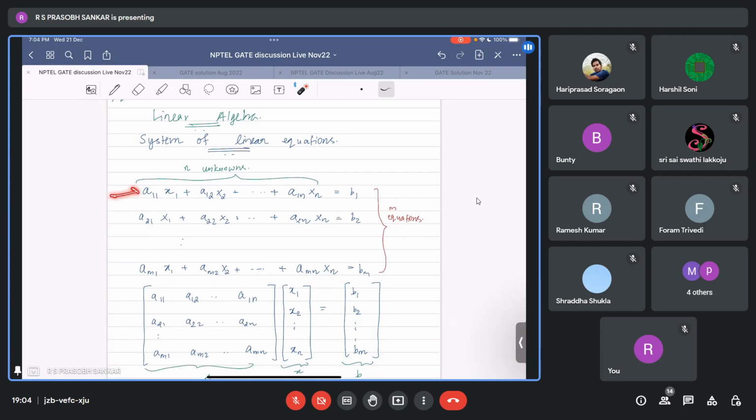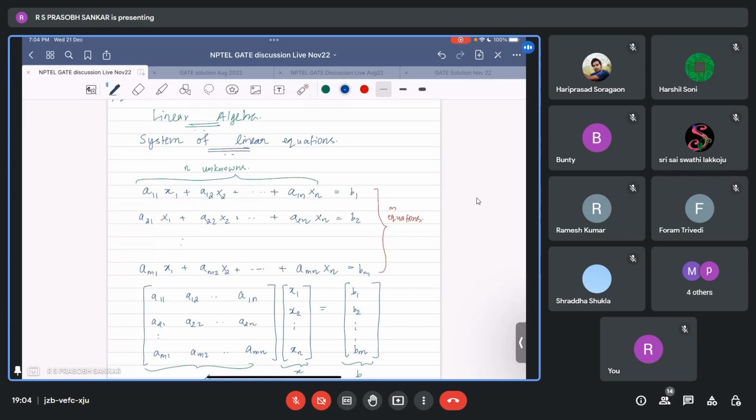So we have a collection of m equations, and here a11, a12, a1n, a21, etc. are known quantities, or we can say these are the coefficients. And b1, b2 up to bm are also known quantities. Usually the b's are referred to as observations or measurements. Now x1, x2 up to xn are the quantities which are not known.